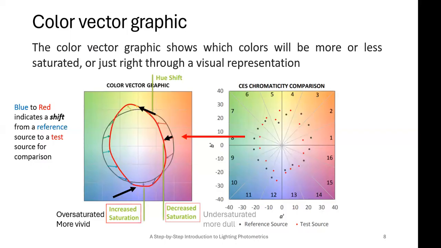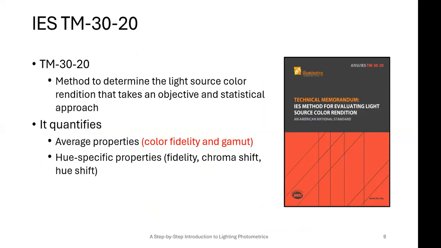And then here is a decrease in saturation, because it's going away from the saturated color of the pink and the reddish color over on the right toward the center. The center is more of a white light, so we're decreasing in saturation. So that's a little bit about TM30.